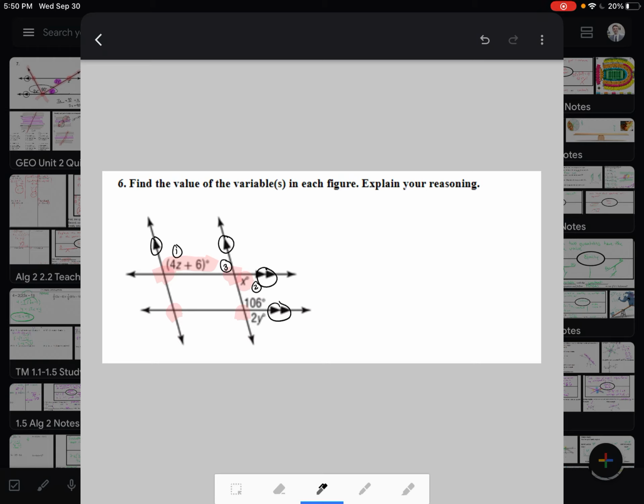So using our consecutive, because they're on the same side, consecutive interior angles theorem, we would say that like 4z plus 6 plus x equals 180. And again, this is by the consecutive interior angles theorem. And then we'd be able to go through and continue to do something similar.